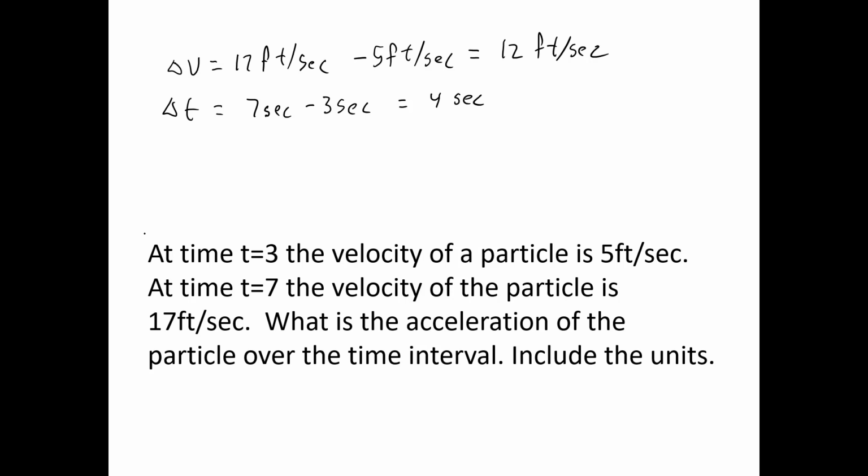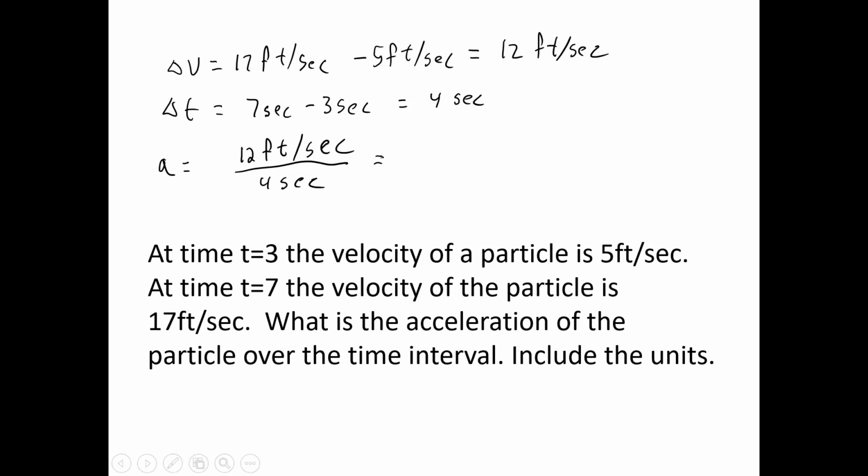It took you 4 seconds to go from a velocity of 5 feet per second to a velocity of 17 feet per second. And so then your acceleration is the change in velocity, 12 feet per second, divided by the change in time, 4 seconds.